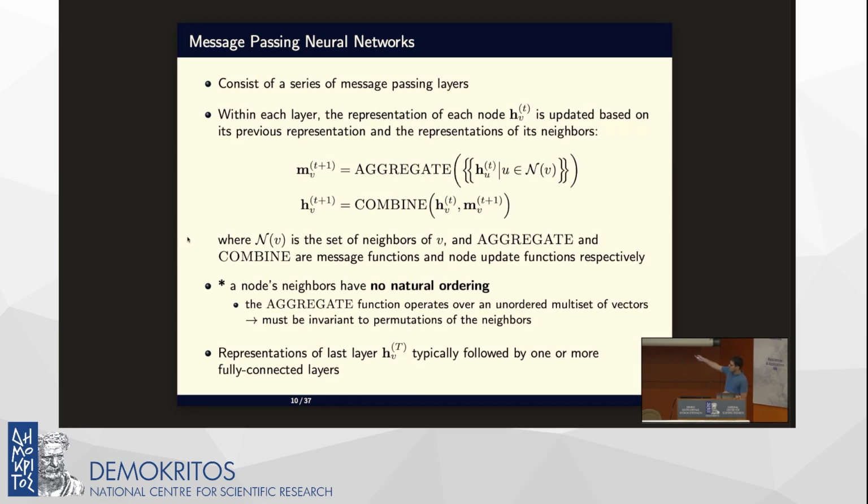So you see that we have two operations here, the aggregate operation and the combine operation. The aggregate operation takes as input a multiset, which is a generalization of a set where we can have multiple identical elements. And this multiset contains the vectors of the neighbors of node v.